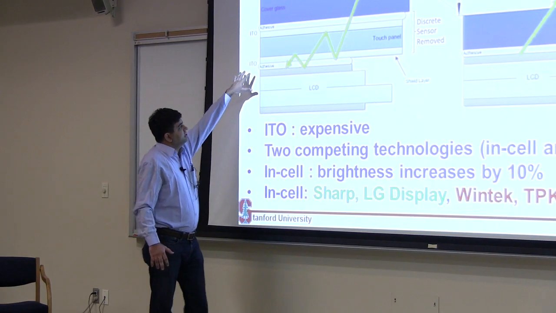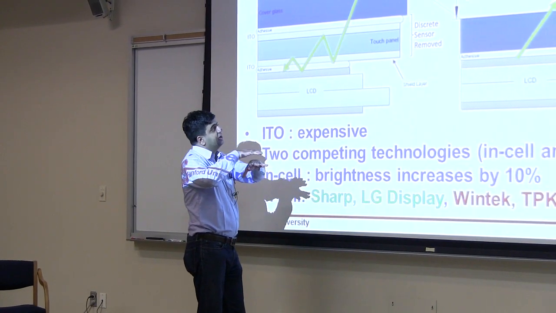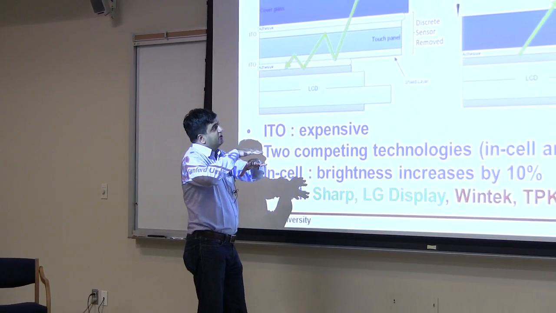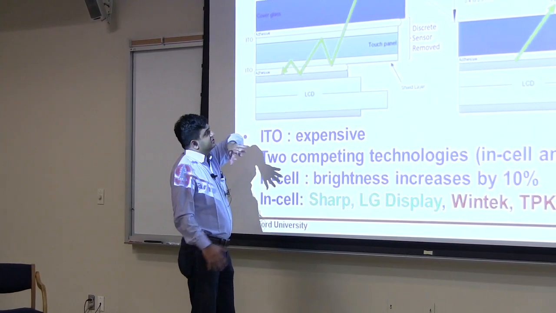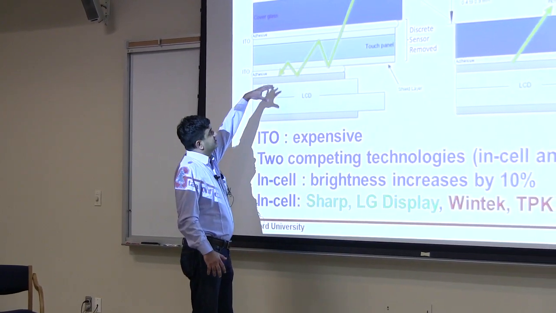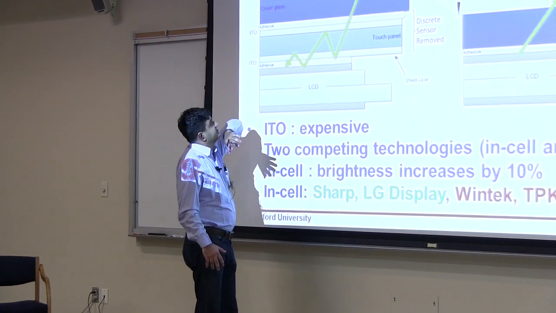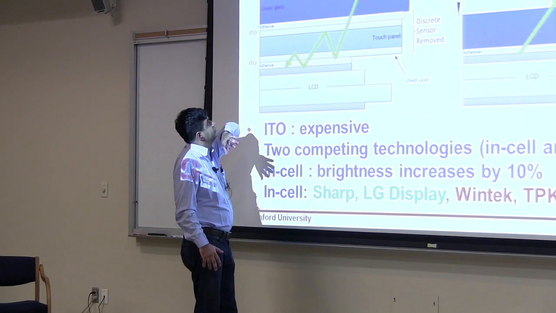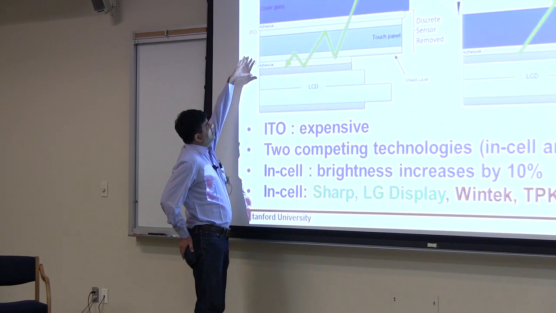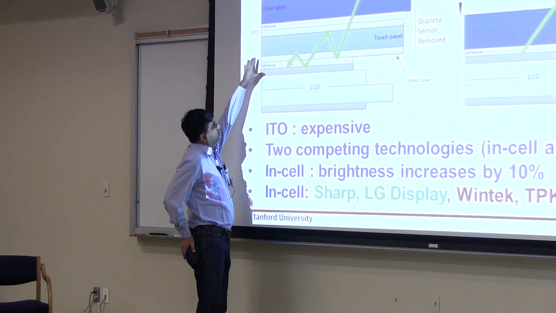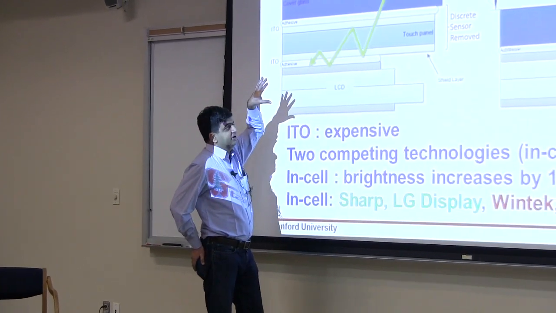These are two intertwining arrays of conducting electrodes. And if you press your finger on it, the capacitance between these two changes, and it detects that and senses your touch input. So traditionally, all the way from the first iPhone in 2007 to 2012, this touch screen always used to be a separate layer.